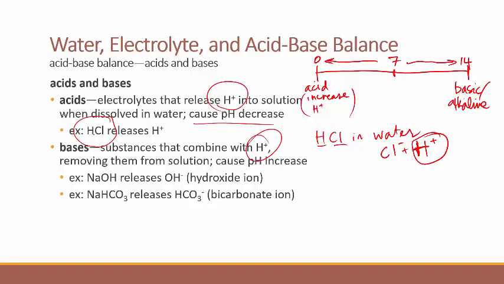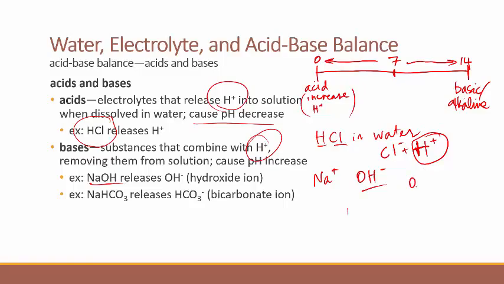Now, if we put a base into solution, something like sodium hydroxide is a base. When we put that into water, it also ionizes, and we wind up with a sodium ion because the sodium gives away its electron, and it gives it to an OH minus. So how in the world does this OH minus remove hydrogen ions? Well, let's run a quick little chemical reaction here.